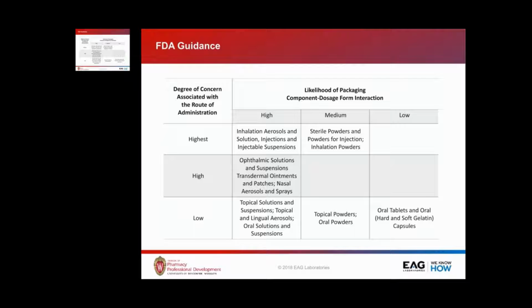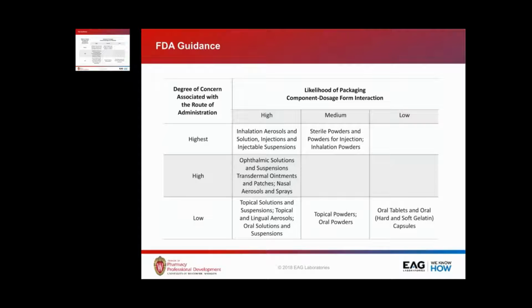So of course, the highest risk are going to be those that are either bypassing the body's natural defenses, i.e. parenterals, or are being dosed directly to an organ that may be susceptible, for example, the lungs. When you're dosing drugs directly to the lungs, there's some safety concerns in relation to that. And of course, the low risk would be oral administration and dermal administrations in some cases.